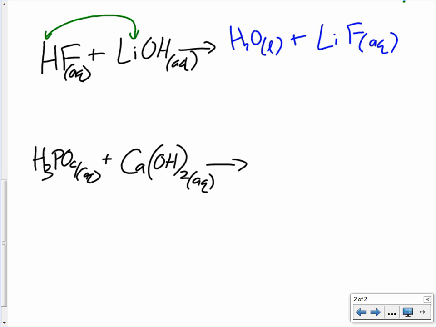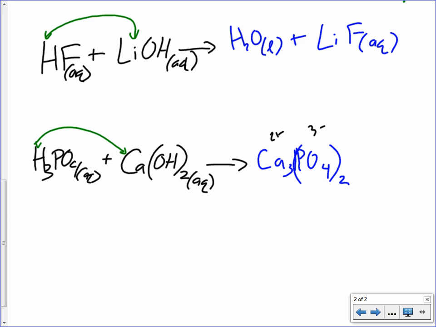Let's try the next one. We're going to switch hydrogen and calcium here. Those are our cations. So for the first one, we're going to have calcium and phosphate. Okay. So calcium is a 2+, phosphate is a 3-. So crisscross those charges, and we're going to need to have Ca3(PO4)2.